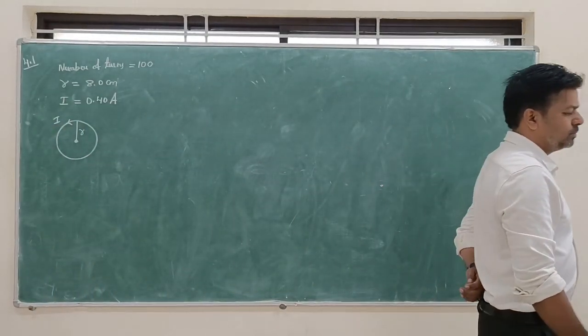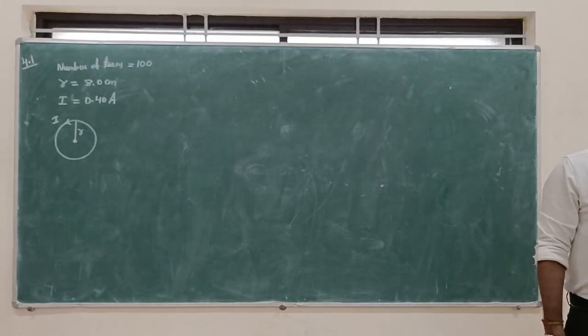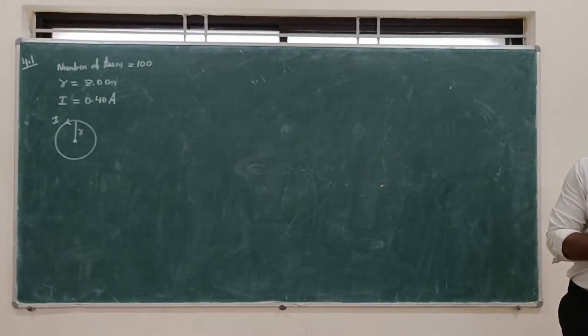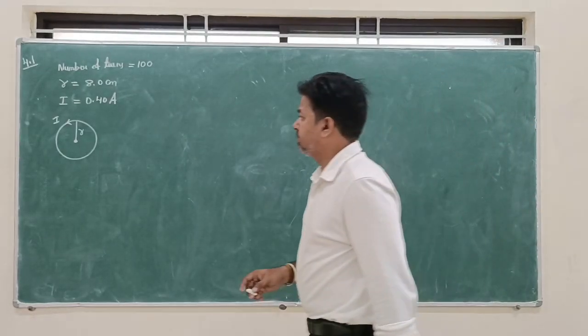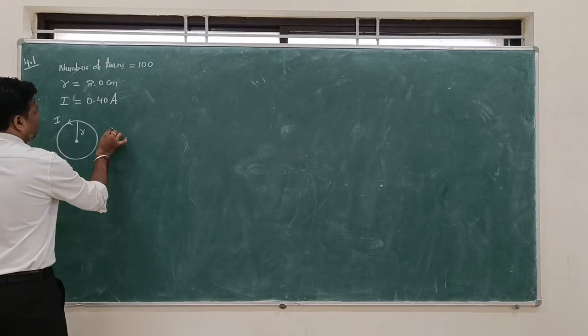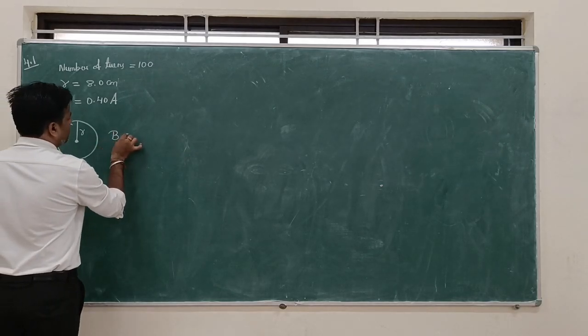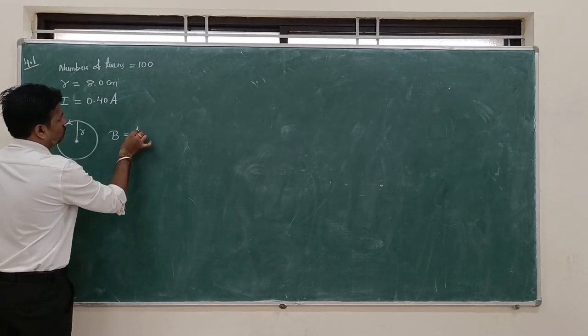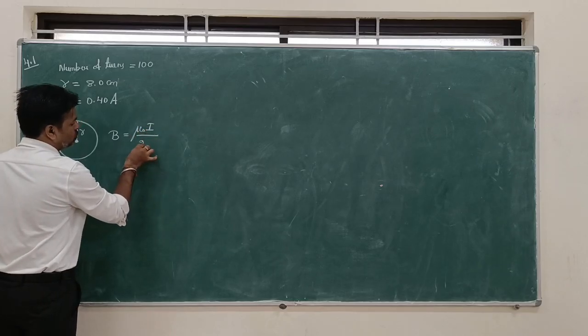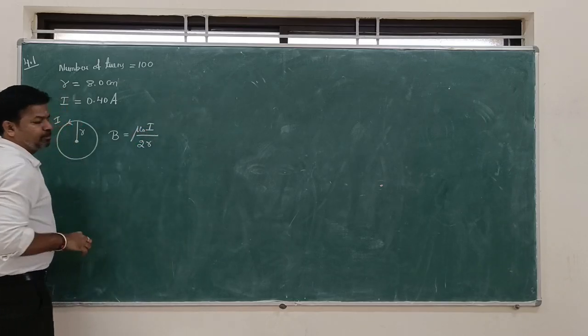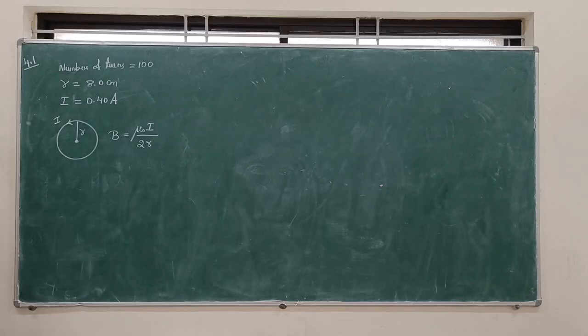Formula: magnetic field at the center of the coil, B is equal to mu naught I divided by 2R. For a single coil, the expression of the magnetic field B is equal to mu naught I divided by 2R.